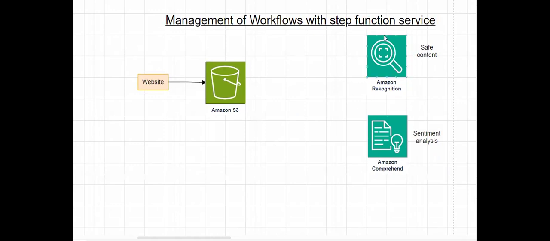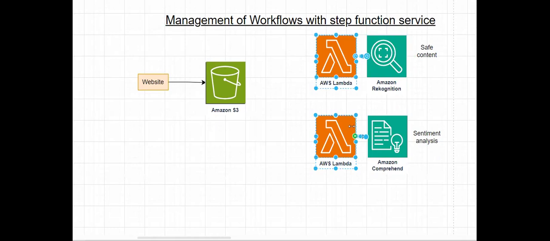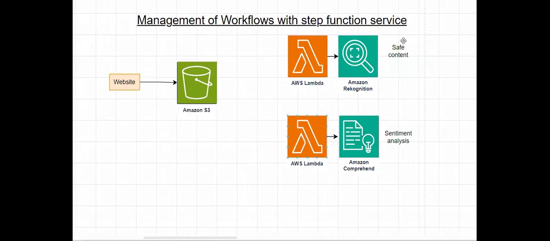Now, I want to analyze that by using these two services. In order to process that, that analyzing, we need some compute service. For that, we are using Lambda, where this Lambda will process and identify whether the image contains safe content or not.